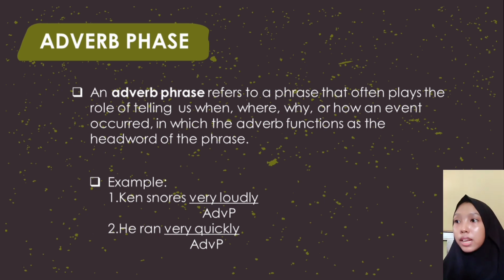Examples: number 1, Ken snored very loudly. Very loudly is ADVP. Number 2, he ran very quickly. Very quickly is ADVP.